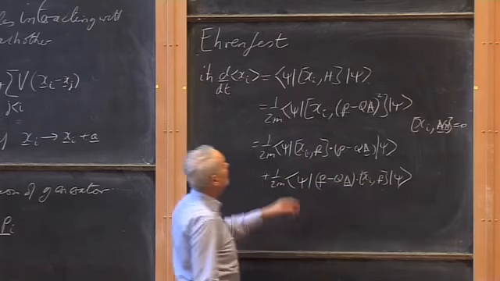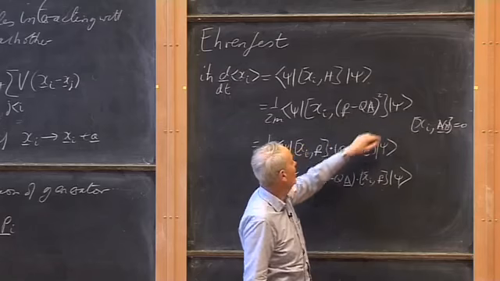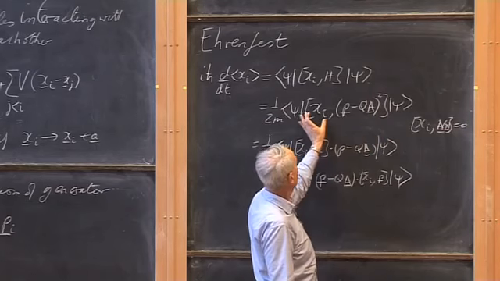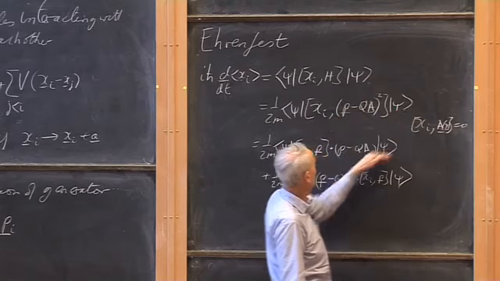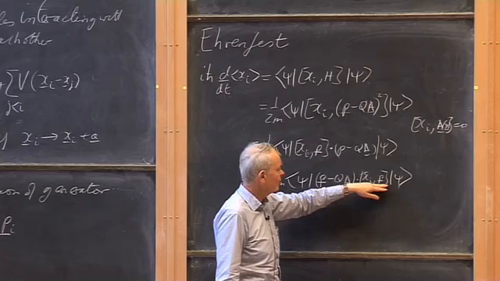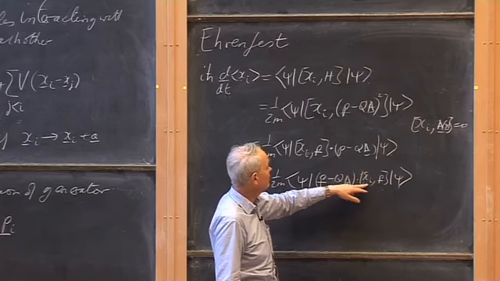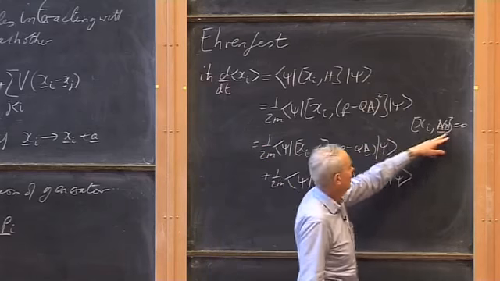All right, so what we've done is regard this as (p minus qA) dotted into (p minus qA), which is a product. We've used the rule for doing the commutator on a product: do the commutator on the first term and leave the second alone, then leave the first term alone and do the commutator on the second one. And the commutators on these brackets reduce to merely [x_i, p] because of that.